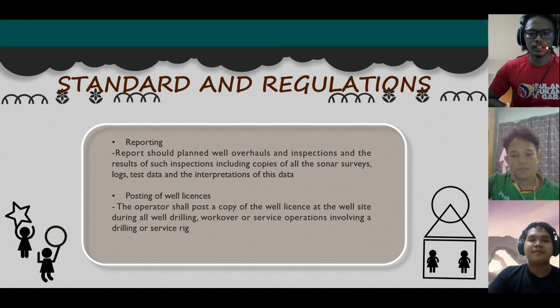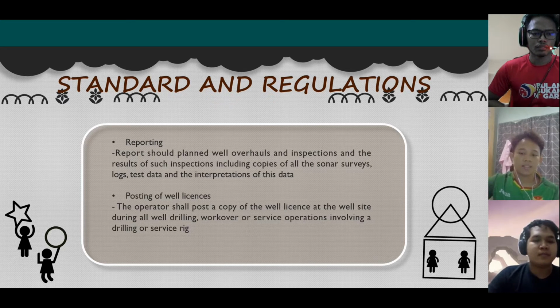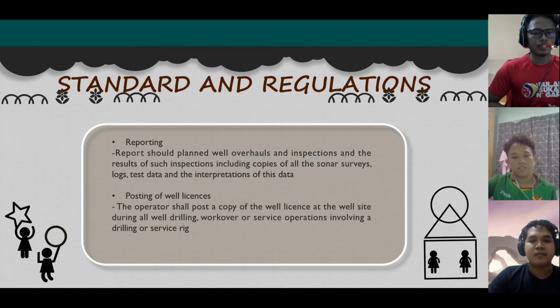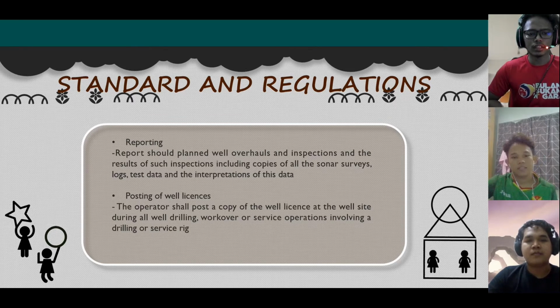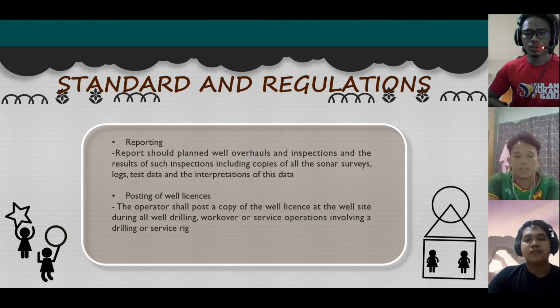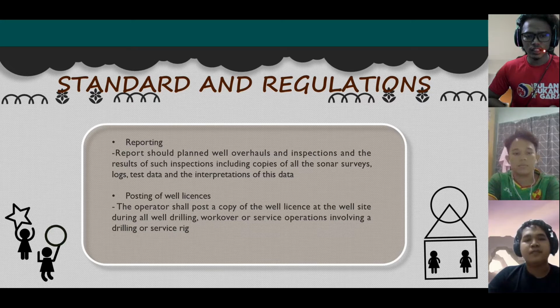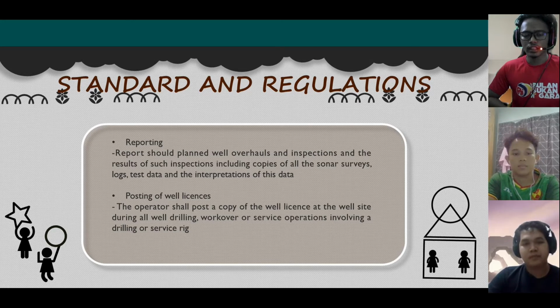For the standards and regulations about CAES. Firstly, reporting. Reports should include well plans, overhauls and inspections, and the results of such inspections, including copies of all of the sonar survey, logs, test data and the interpretations of this data.